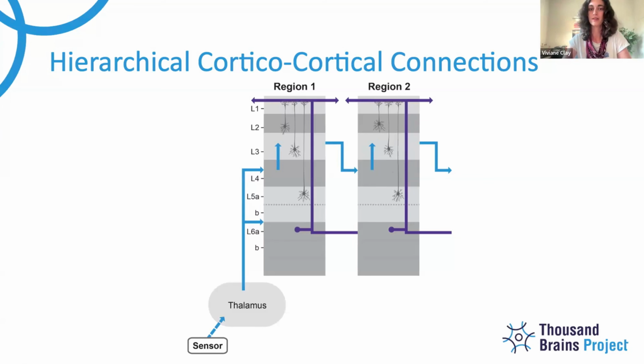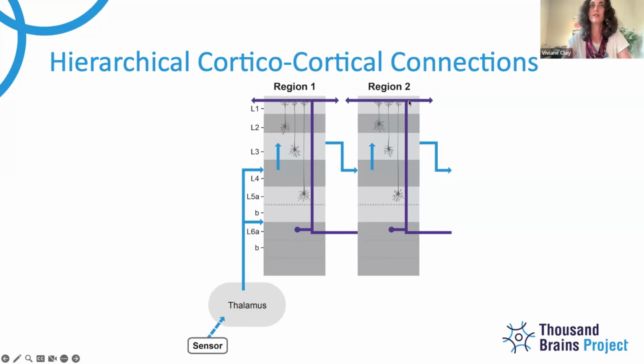And then we have the feedback connections, which are shown in purple here, which originate in the deeper layers, so layer 6, and then they go into the lower region where they can form local connections or have some arborizations down in layer 6 or sometimes also layer 5. And then the axon ascends all the way up to layer 1 and spreads pretty broadly. So it can even spread outside of the cortical column to multiple columns in the lower region.